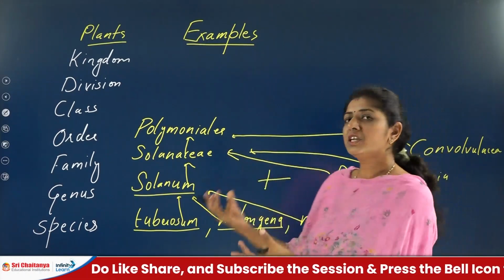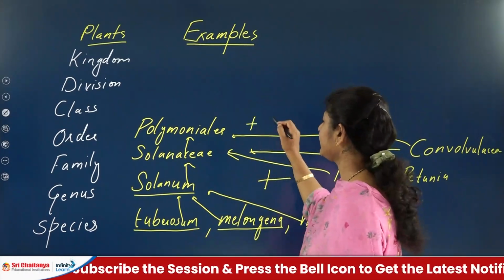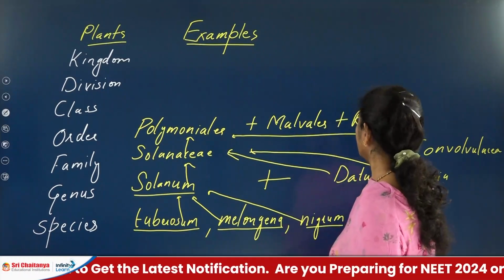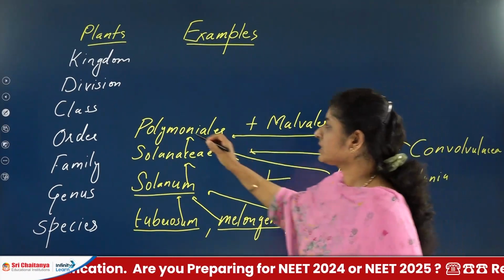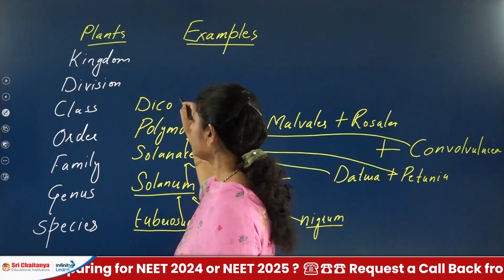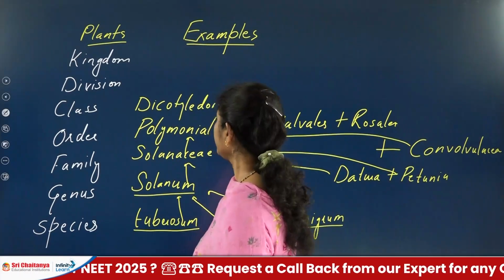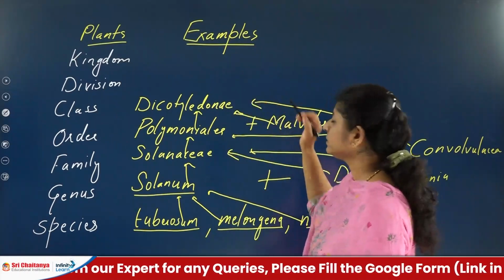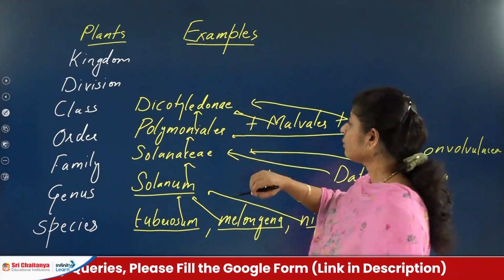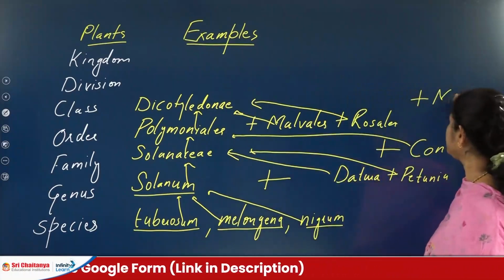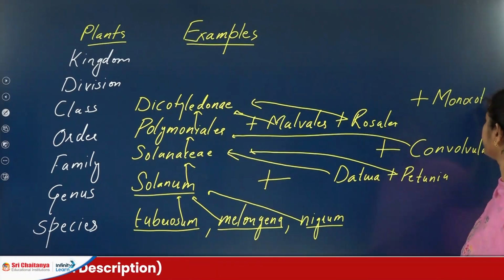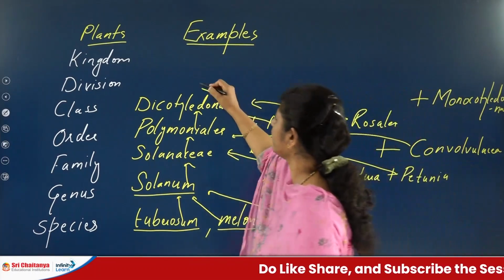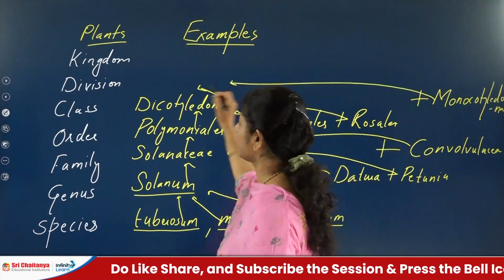But if I take additional orders, like I take Malvales, I take the Rosales, it will come under which class? That will be in the case of Dicotyledonae. Dicotyledonae will include these three orders, right? Now Dicotyledonae, if I take one more in addition to that, Monocotyledonae, these will come together under which division?